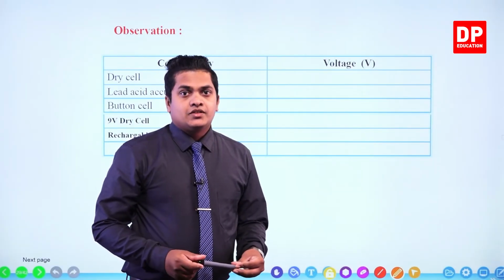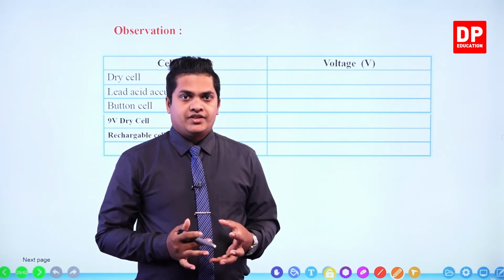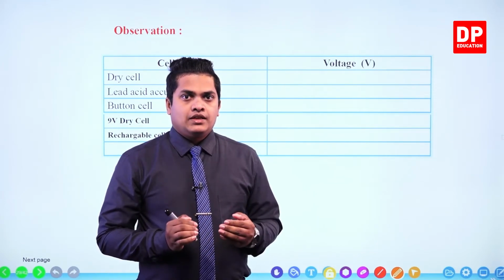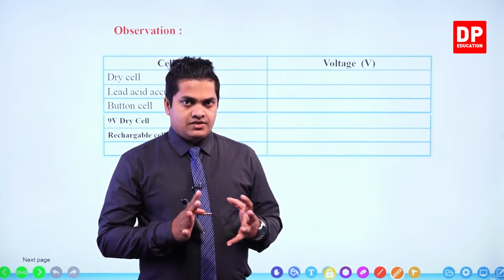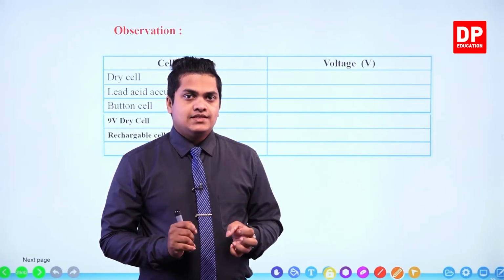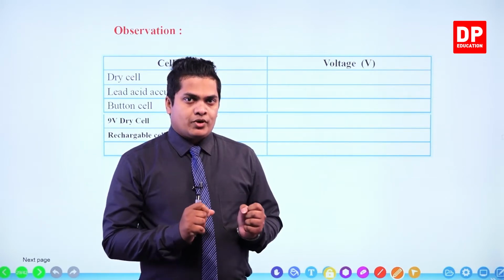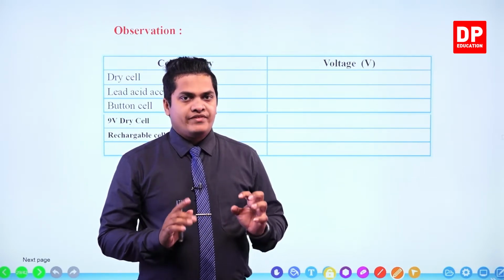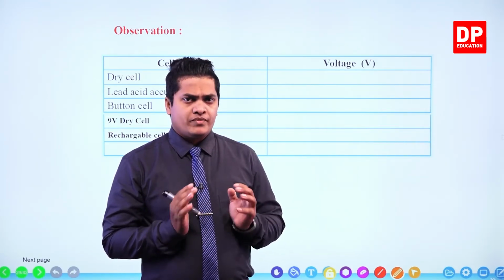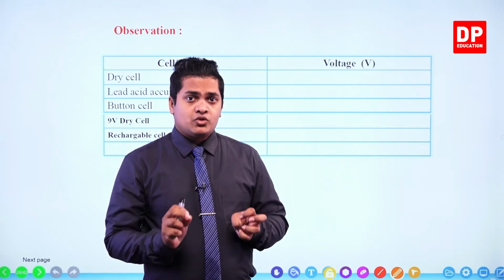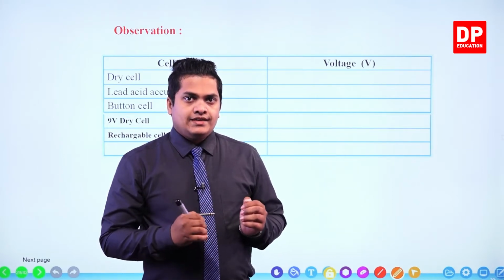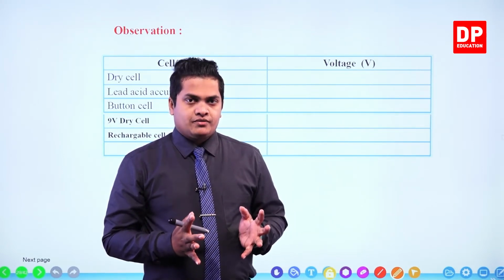Right, my dear children. Now we measured the potential difference in each of those cells, and you could observe there was a certain amount of voltage in each of the cells, right? So we will write down our observations up to the nearest value. Here I am not mentioning the exact amount which we got from our experiment, because usually they have a certain amount of voltage.